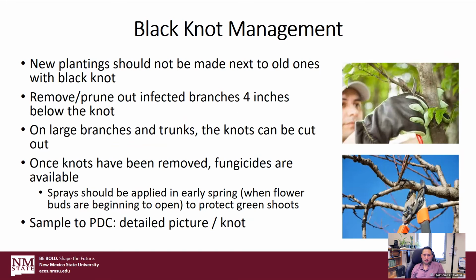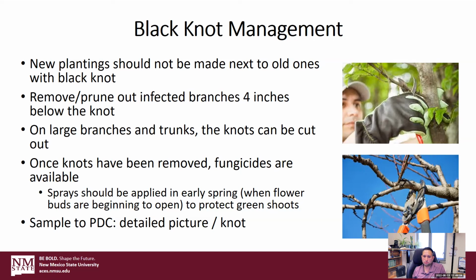Black knot management. New plantings should not be made next to the old ones where black knot is occurring. If you do find black knot, you want to remove and prune out any of those infected branches, at least 4 to 6 inches below. On large branches and trunks, those knots can just be cut out themselves.